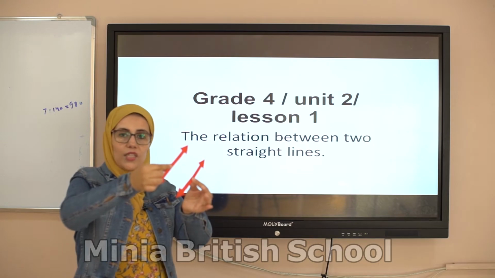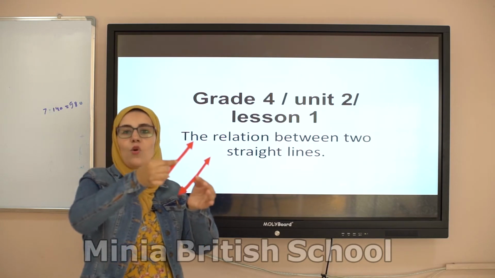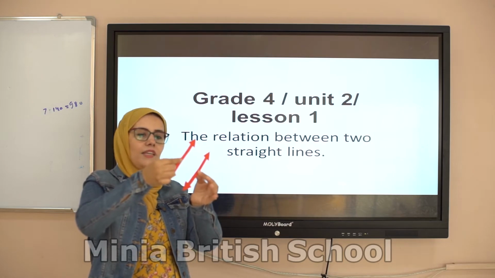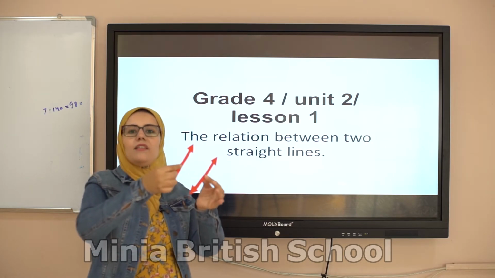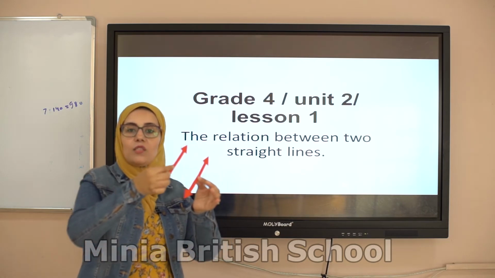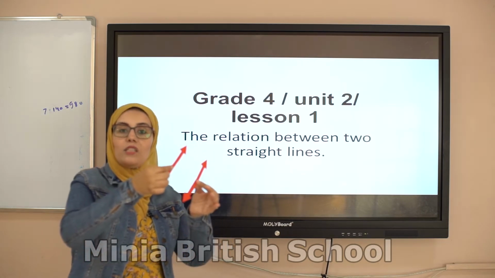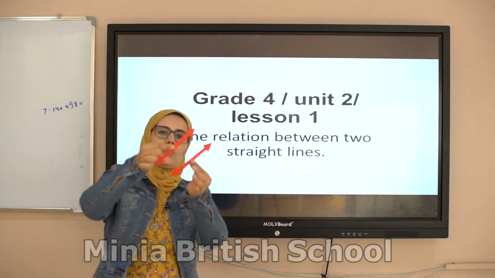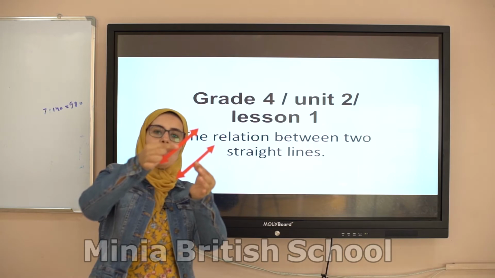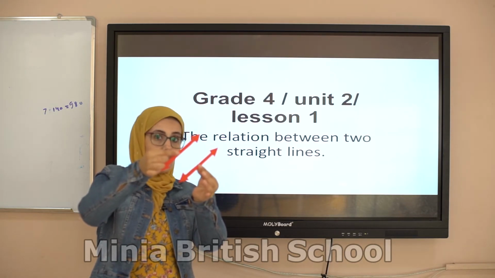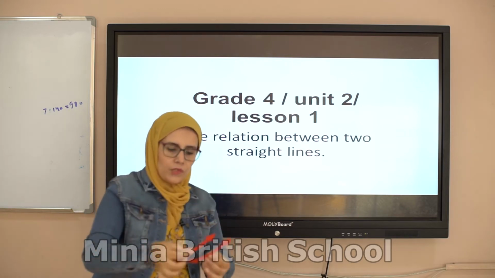In this case, there is no point of intersection, and they don't make any angles. This third case is called parallel. When you see 2 straight lines like this, it's called parallel. That means they will never meet.